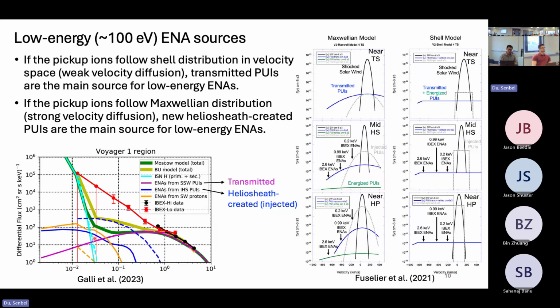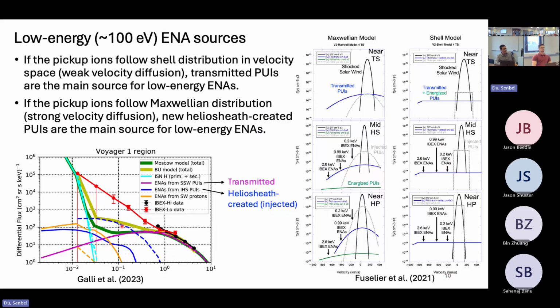The blue solid line is from the Moscow group, and the blue dashed line is from the BU group. Basically, the difference is in how they model the velocity distribution. So we see that by changing that, there's a big difference.